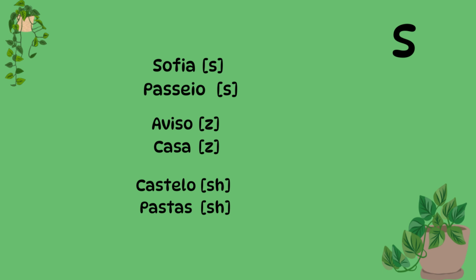First we have S at the beginning of a sentence. Mostly when S is at the beginning of a sentence, or there are double S's in the middle of a word, then S is pronounced normally, like Sofia, passeio.